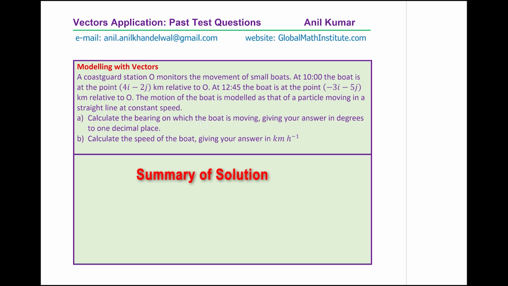A. Calculate the bearing on which the boat is moving, giving your answer in degrees to 1 decimal place. B. Calculate the speed of the boat, giving your answer in kilometers per hour.